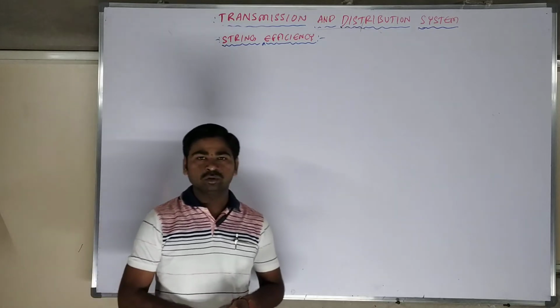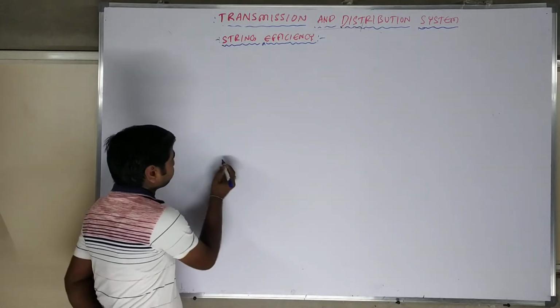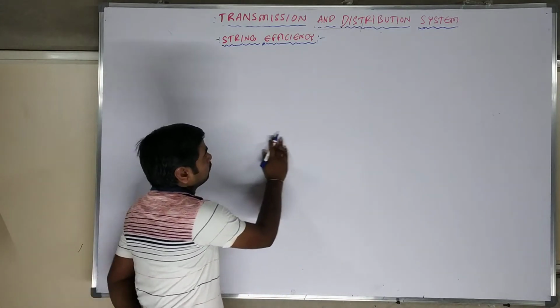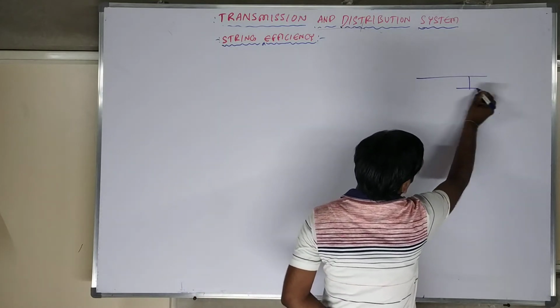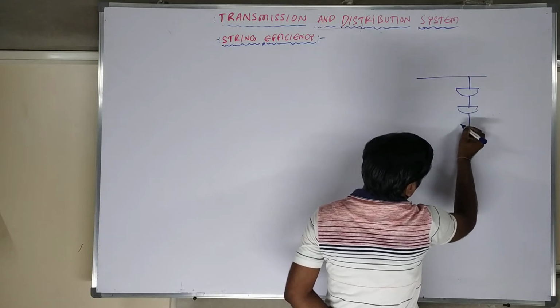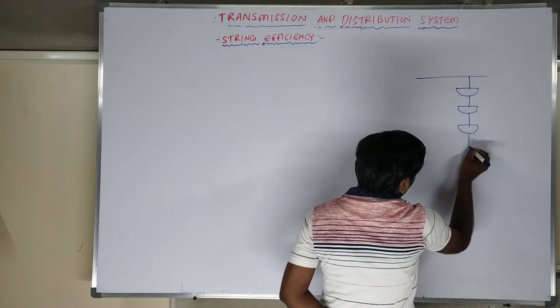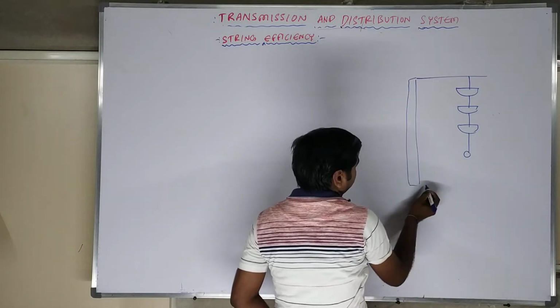Let us take a diagram. I should draw one disc type insulator, a suspension type insulator. Let us take a 3-disc insulator diagram. So these are the poles we are having.